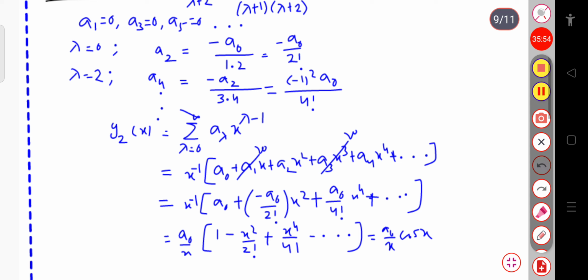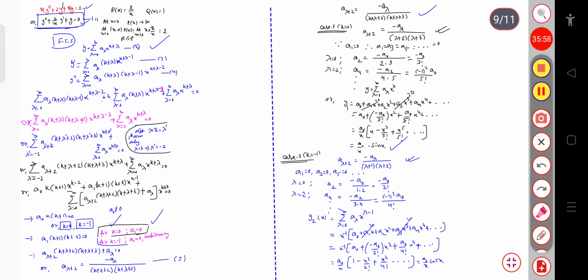These two solutions, for k equal to 0 and k equal to minus 1, are linearly independent of each other, and they converge for all finite values of x.